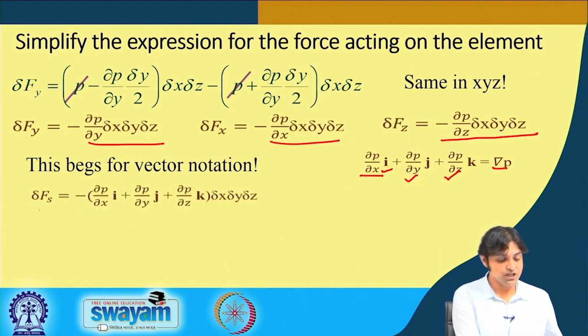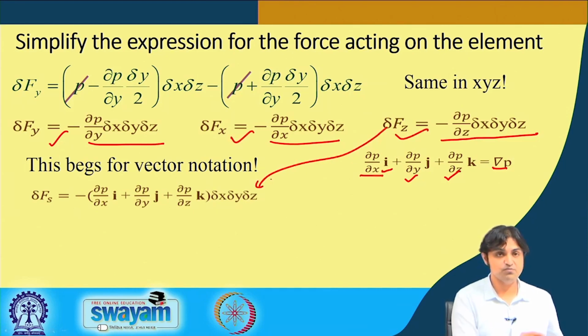So the summation of all the forces, because this delta Fy is in y direction, Fx is in x direction, and Fz is in z direction, we can write the total force. If you sum these three, you are going to get this equation, which is minus of delta P by delta x i cap, delta P by delta y j cap, delta P by delta z k cap multiplied by the volume.